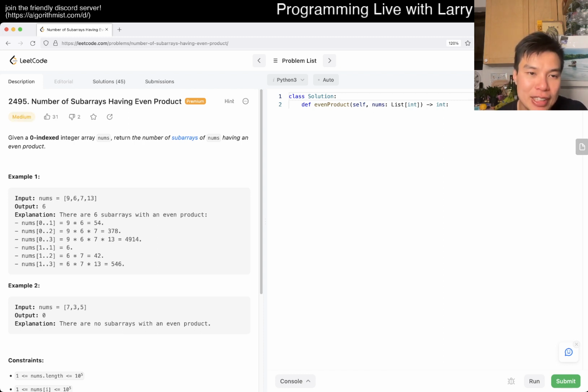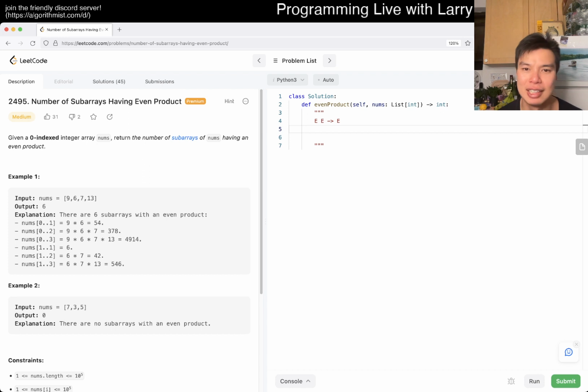The first observation is what makes a subarray have an even product. You think about this, and there are only three scenarios, and it becomes distributive. Even times even becomes even.